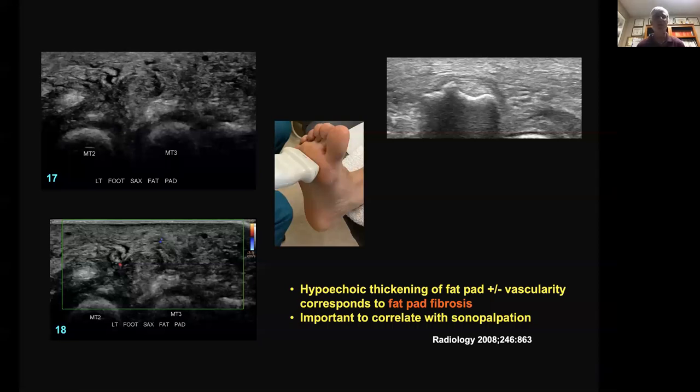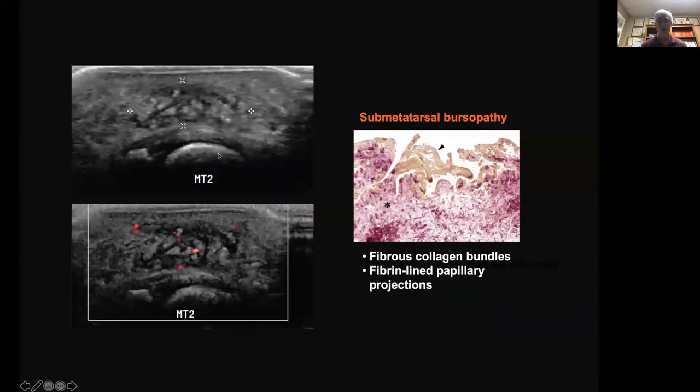Now, again, it's very important that you correlate this with sonopalpation because people who have hammer-toe deformities, for example, will often develop this, but not necessarily the source of pain. On the other hand, I've seen fat pad abnormalities as a sole source of the metatarsalgia. And just as a companion case, this is someone who had focal fat pad abnormalities here, but had a well-demarcated area, and this is a submetatarsal bursa.